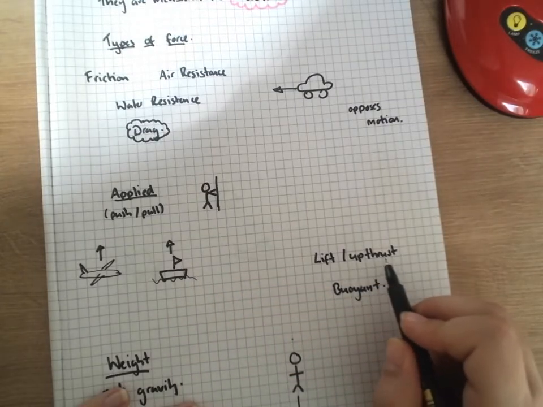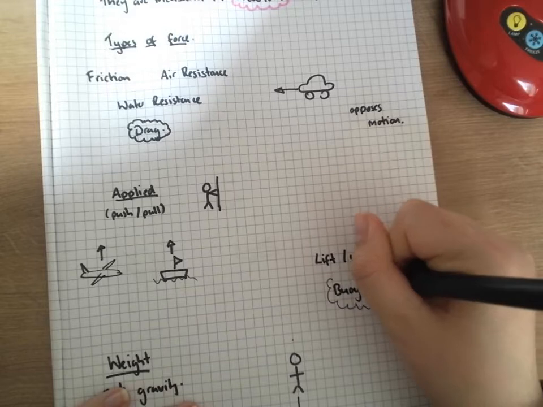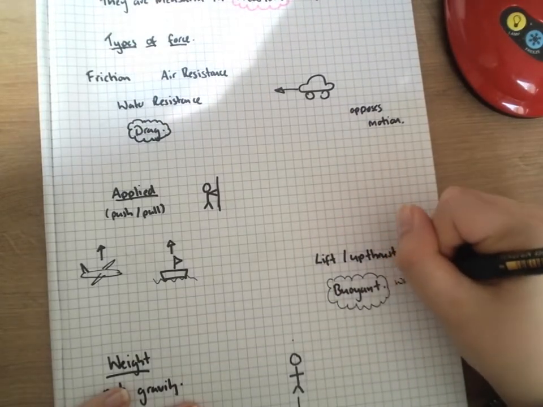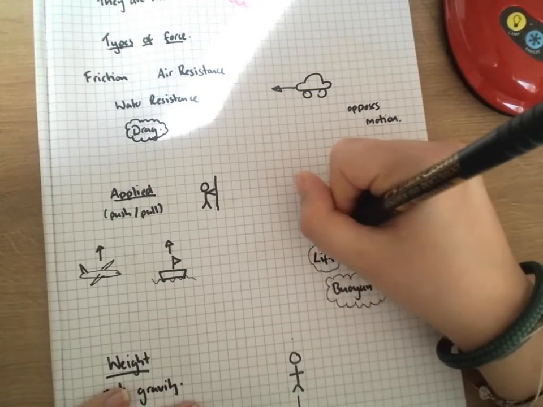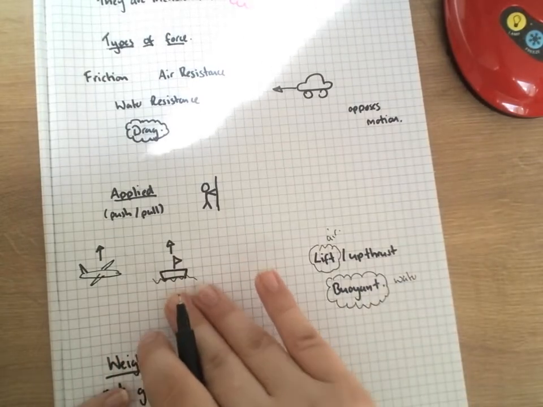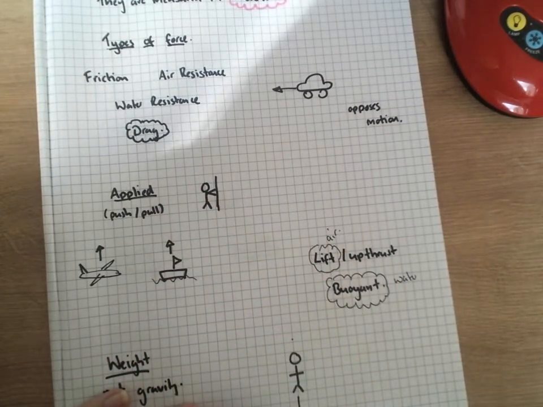We could still call it upthrust, but in water, we tend to call it buoyant, or shortened to buoyancy. So buoyancy is for the water, and then lift is often associated with air, but we can call them both upthrust. Essentially, it's the force that's helping to move things up or balancing out with what's pulling them down.